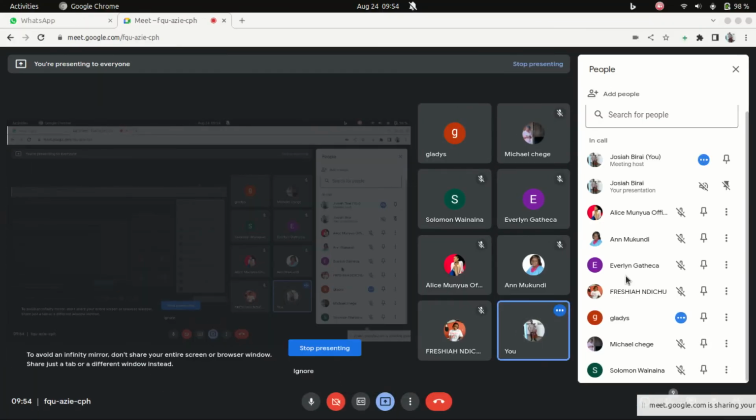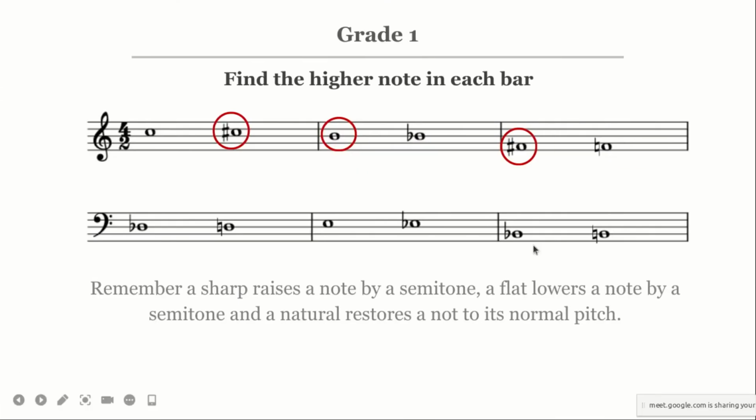So Solomon, kindly have you come back? Unmute if you can hear me, Solomon. Okay, so help me spot the higher note in the fourth bar.